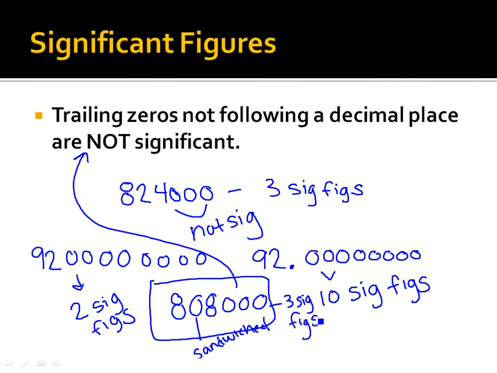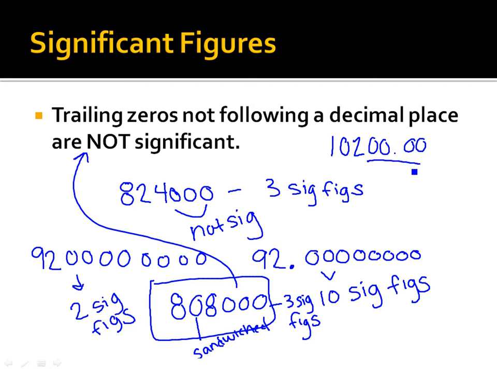Let's look at one more. If we had a number such as this, we have a sandwich 0. So our 1 and 2 are significant. We have a 0 between them, which we know sandwich zeros are significant. We have 2 more zeros before the decimal and then 2 more after.